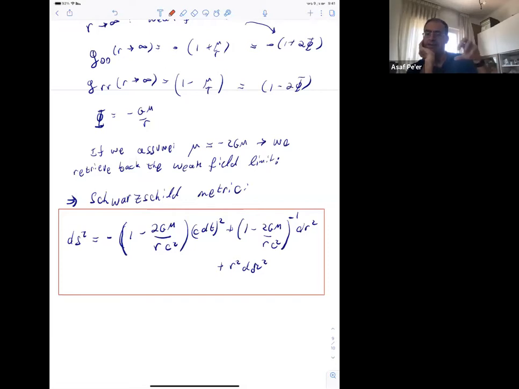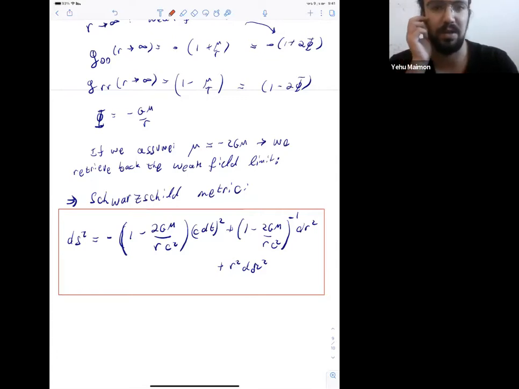We're nearby a star, we feel the star, we are at radius r from the center of the mass. So R mu nu, doesn't it represent the curvature? Because if it's 0, aren't we supposed to be in a flat space?